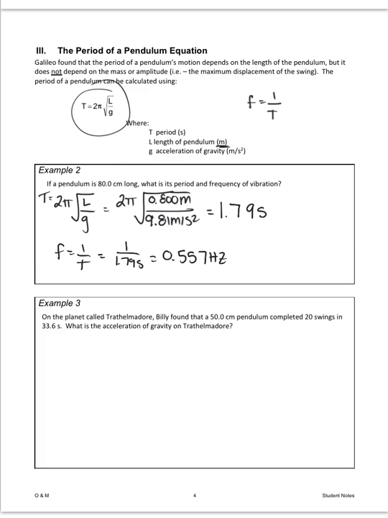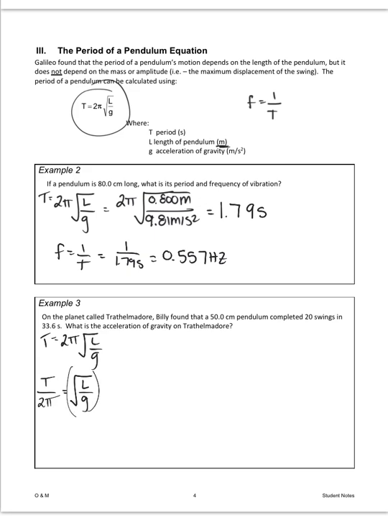On a planet called something or other, Billy found that a 50 centimeter pendulum completed 20 swings in 33.6 seconds. What is the acceleration of gravity on this planet? So we're going to start with this formula, but we are rearranging for g. First I divided T by 2 pi, and that leaves us with the square root of L over g.